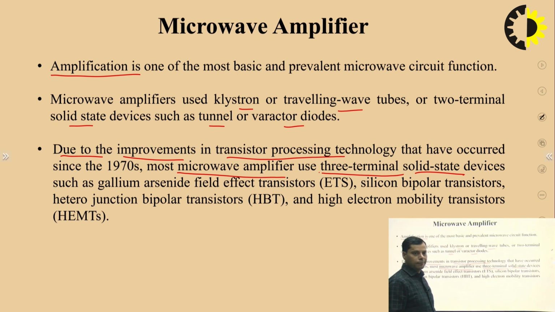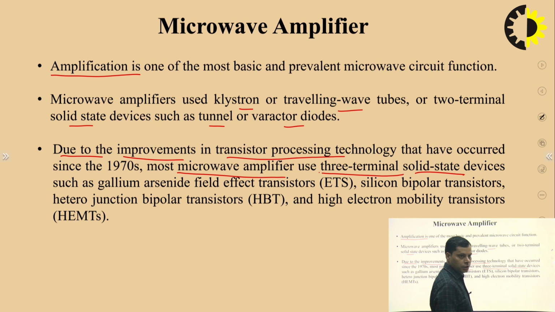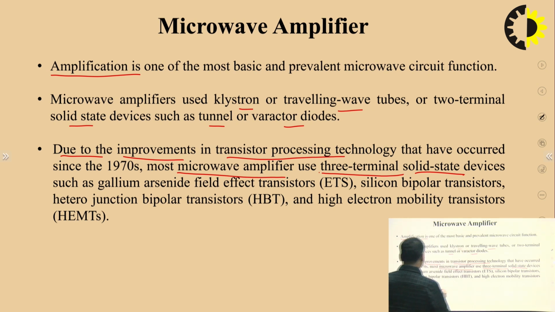With the help of three terminal solid state devices, the amplifier can be designed, such as the gallium arsenide field effect transistor, GaAsFET, as one category, the silicon bipolar transistor, heterojunction bipolar transistor, and high electron mobility transistor like HEMT.